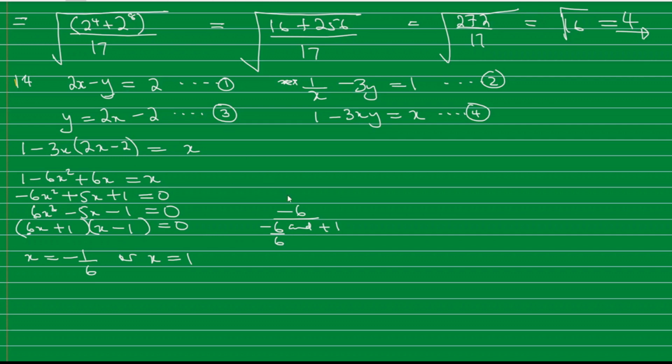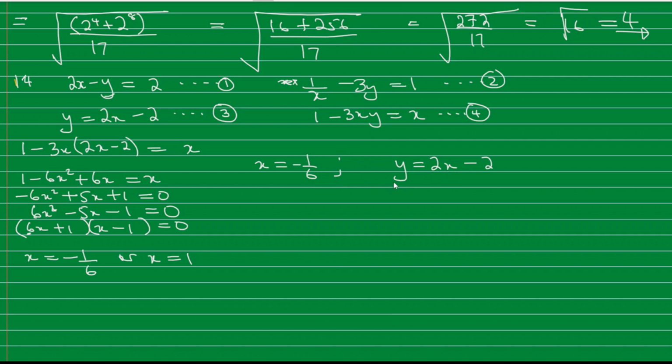Now from there, we are going to use these two values. Let's come to equation 2. Equation 2 says that our y is 2x minus 2. So we found two values of x. When x is negative 1 over 6, our y we are now going to substitute into that.